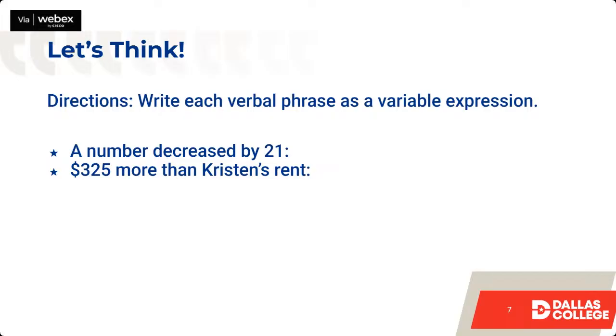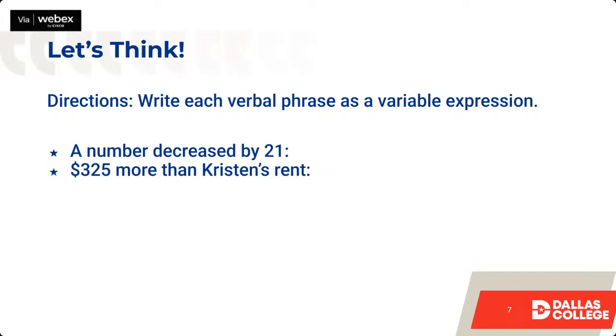325 more. More is going to be a math symbol than Kristen's rent. How is that going to look? Okay, I see. We got 325 plus K, 325 plus J, 325 plus R for rent, 325 plus N for number.